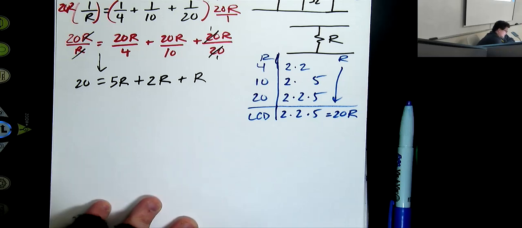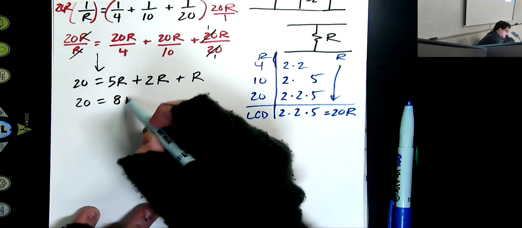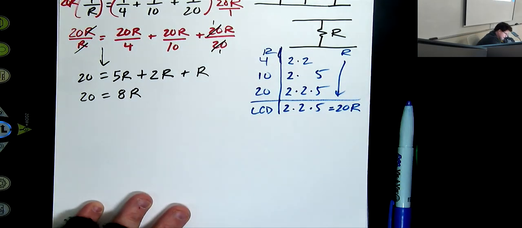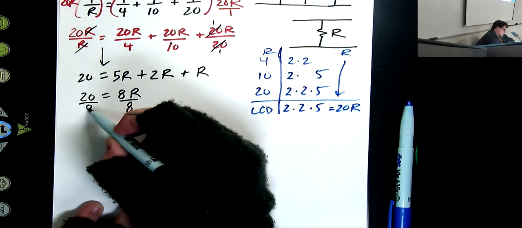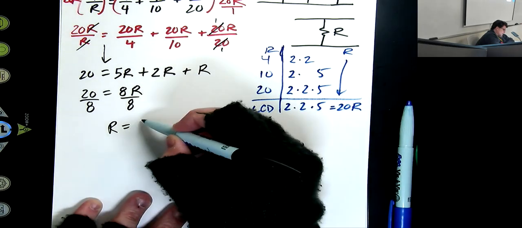How many R's do I have total on the right? I read 8 R's, right? So if I divide by 8, we got R equals 20 over 8.